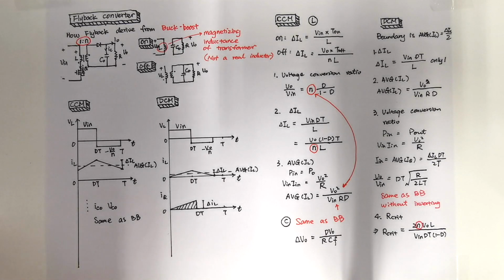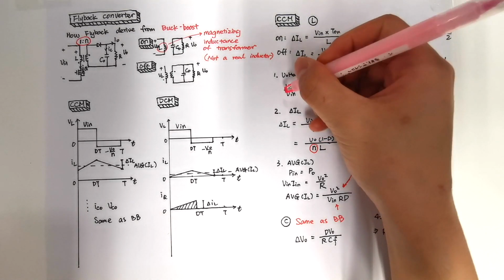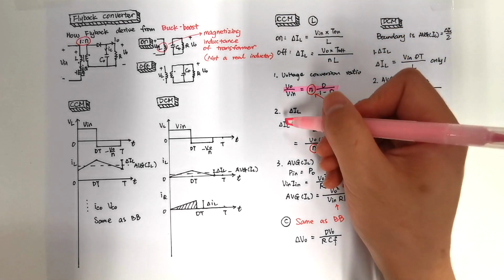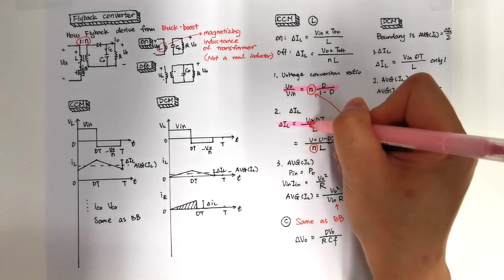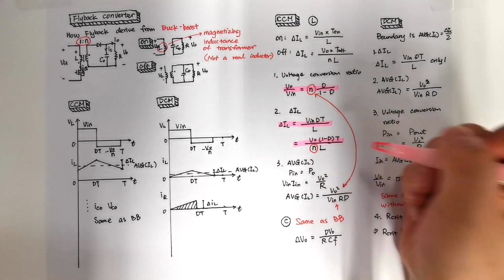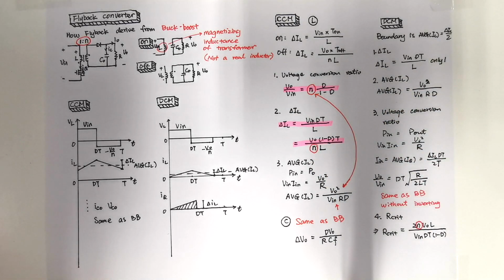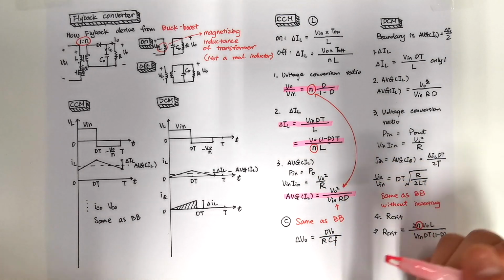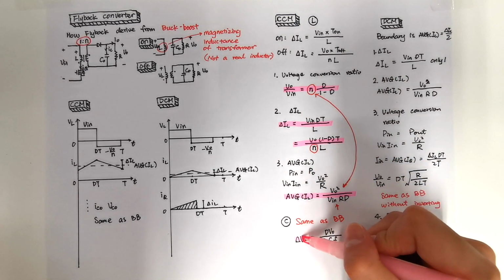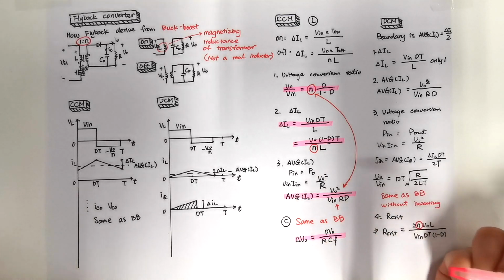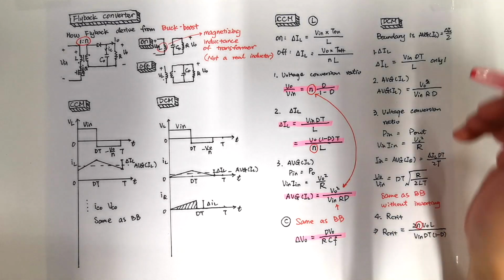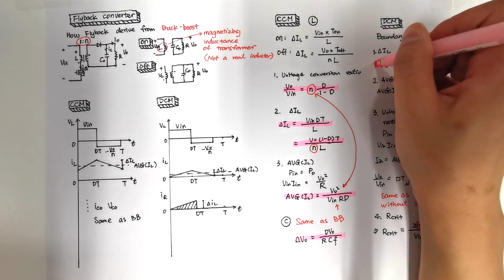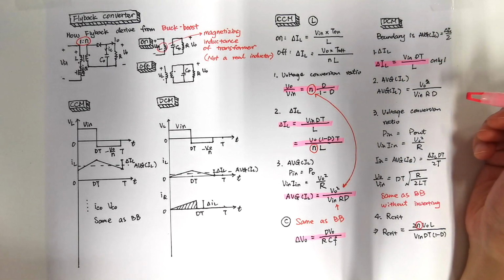So what formulas we should remember is first the voltage conversion ratio in CCM, and you can either choose to use the on state or the off state to calculate the delta IL, and how to calculate our average IL and our output ripple relationship with the capacitance. And in the DCM mode, you can only use the on state to calculate the delta IL.